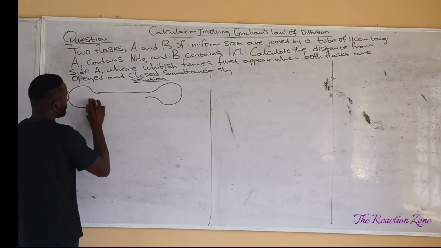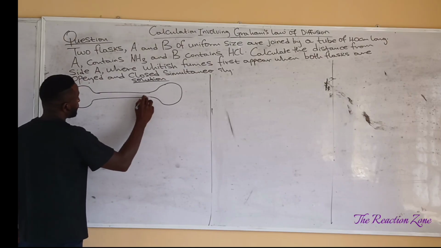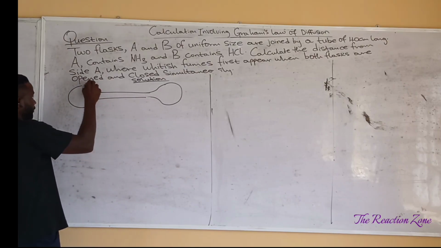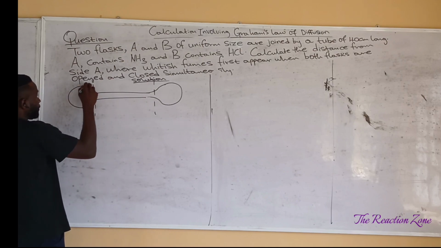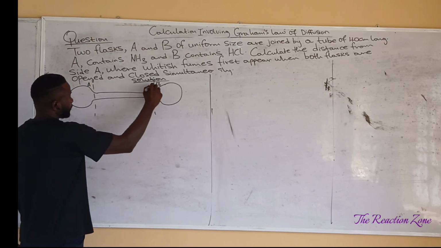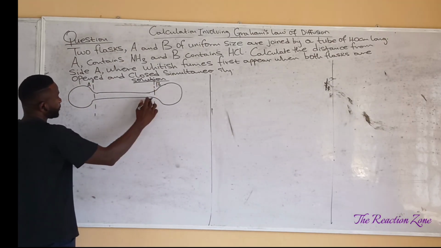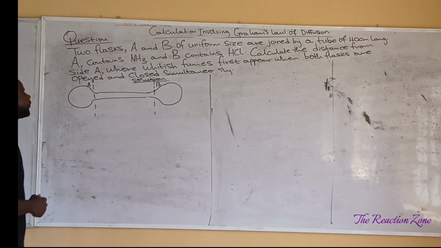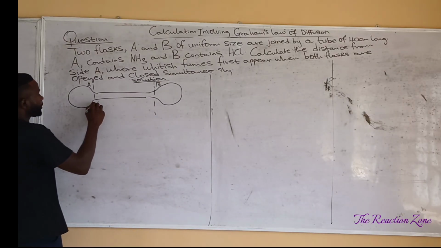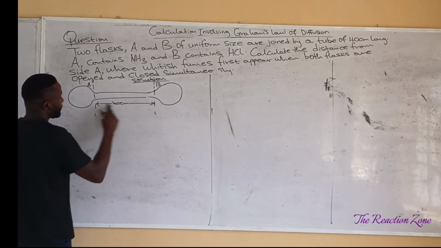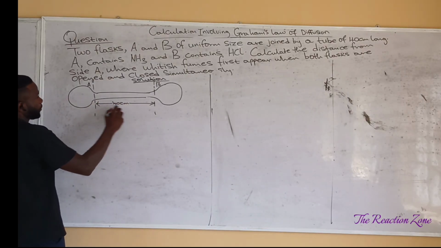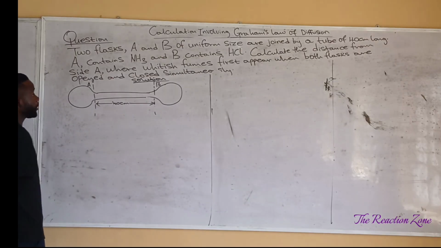So this is the tube that joins both of them. This is the first flask. This is the second one. This is A, and this is B, while this represents the tube. So the tube is 40 centimeter long, meaning that the distance from here to here is 40 centimeters.